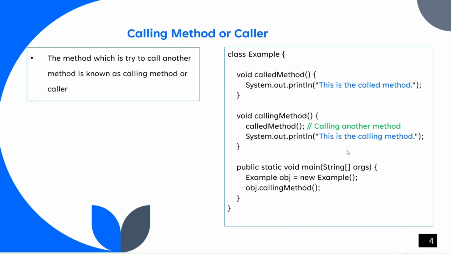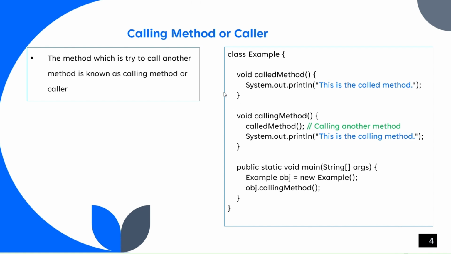Then instead of executing the rest of the calling method, it first goes to the called method. Then the called method will execute its instructions. After that, control comes back to the calling method and it executes the rest of its instructions.